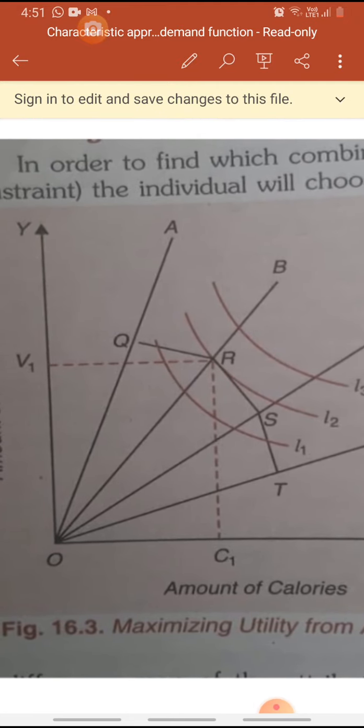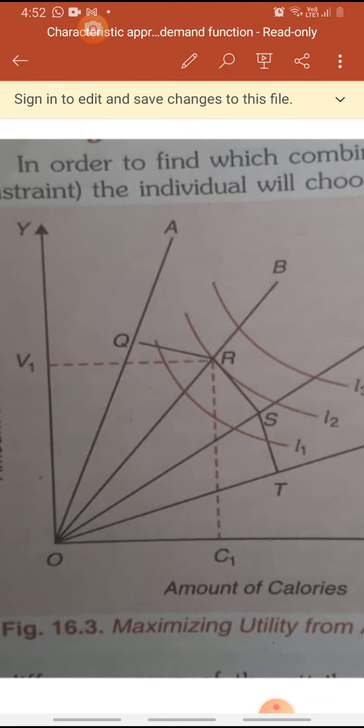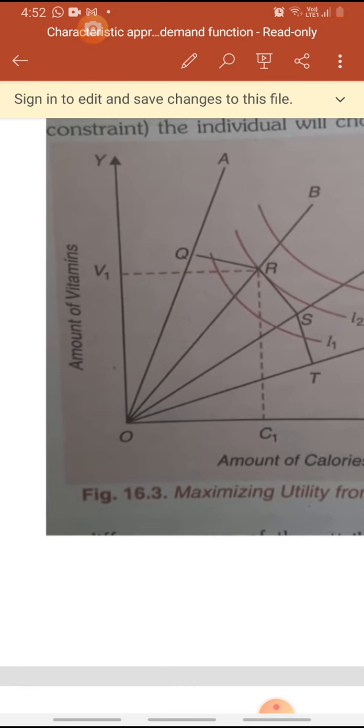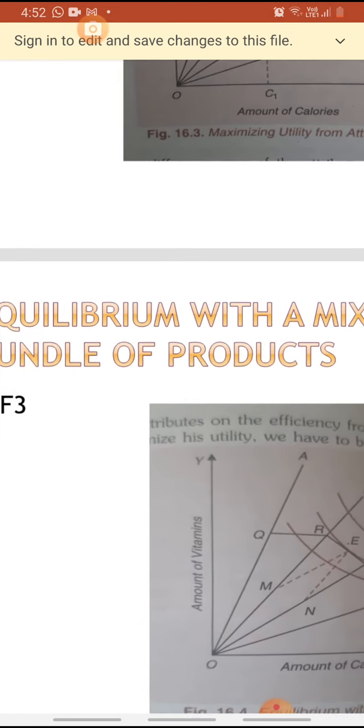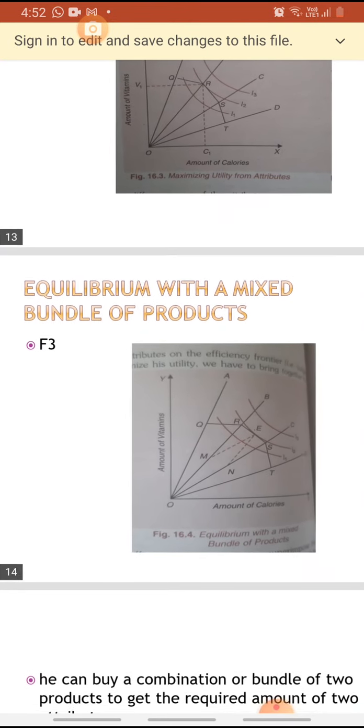So here you are seeing the tangency point of the budget constraint with the highest isoquant is point R. At point R, the point is tangent to the indifference curve I2.